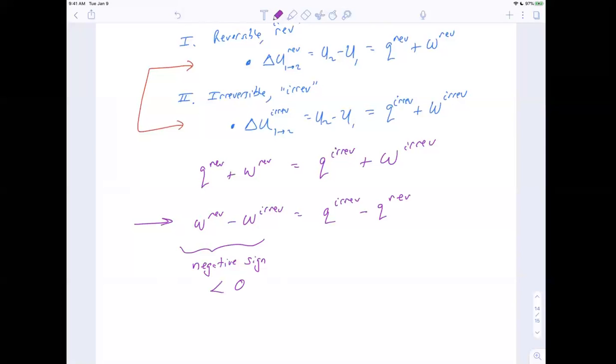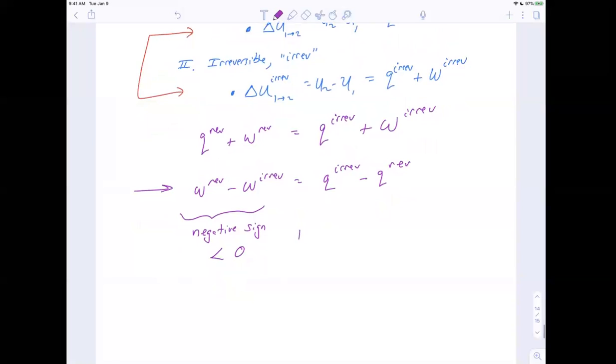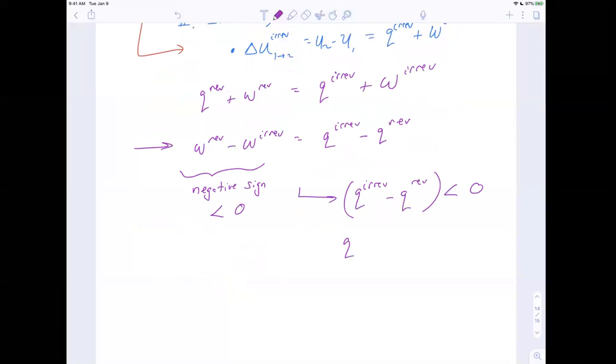That means then, if we go over to the other side of the equal sign where we have all the Q's, since Q irreversible minus Q reversible is equal to W reversible minus W irreversible, and we know that that difference on the left is negative, that implies then that the difference on the right is negative. So the implication here then is that Q irreversible minus Q reversible also is less than 0. And now we have a relationship, therefore Q irreversible is less than Q reversible.